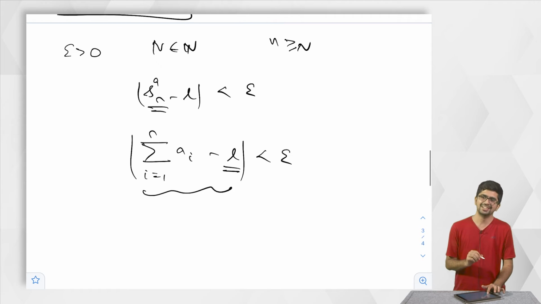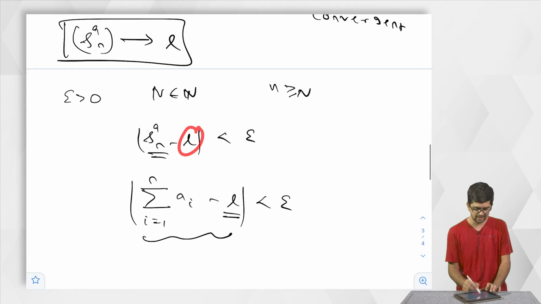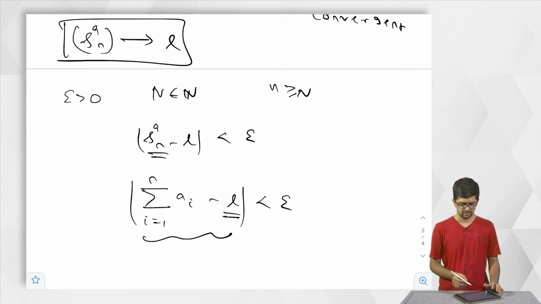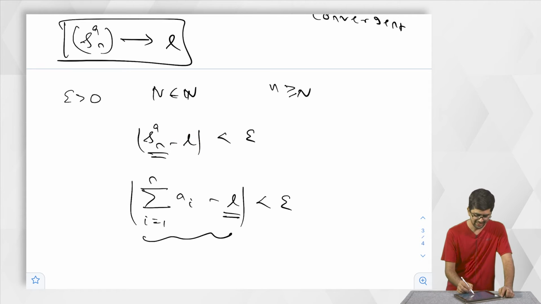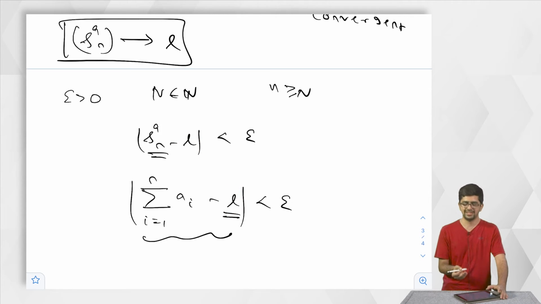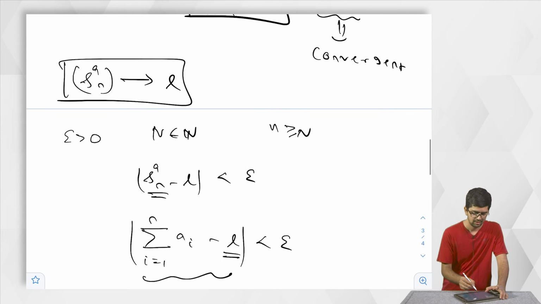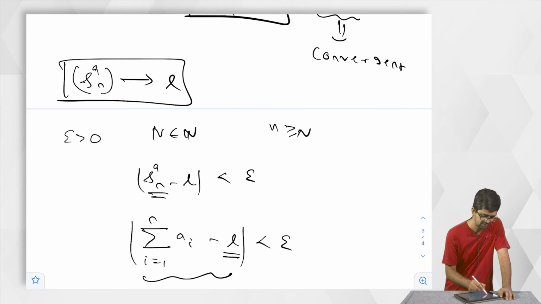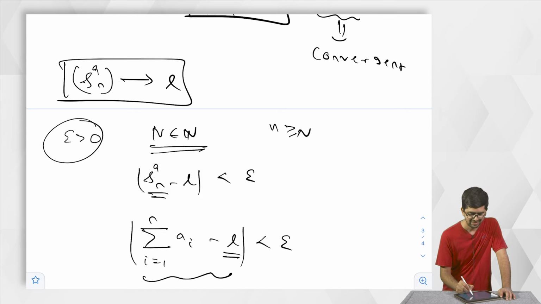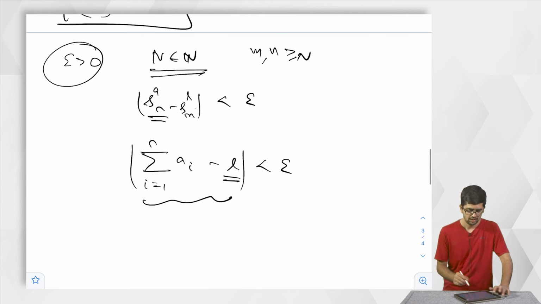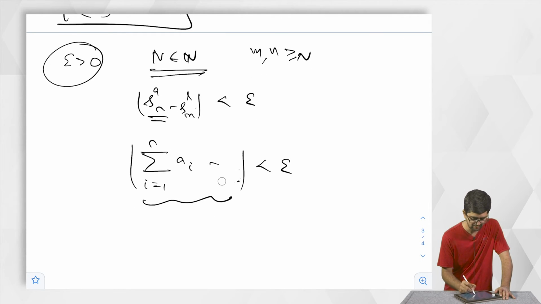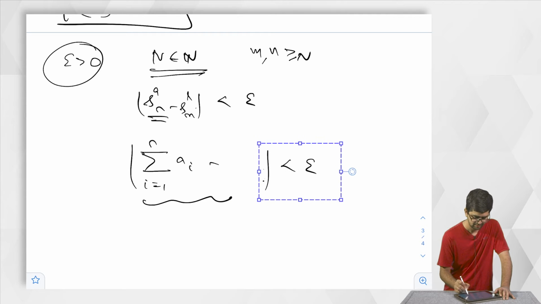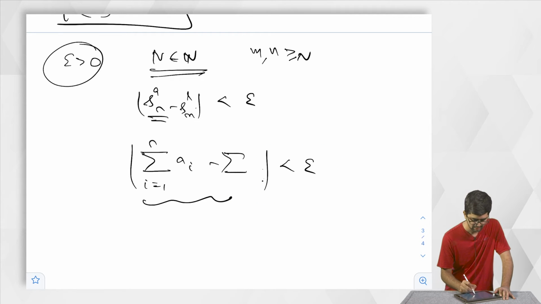So let us change the starting point. Instead of writing this L, let us use the Cauchy property. There L does not occur, so here maybe we will be able to do it more easily. What is it? The same thing: given epsilon positive, there is N such that for every n, m greater than N, we have |S_n minus S_m|, with S_m the summation i equals 1 to m of a_i, less than epsilon.